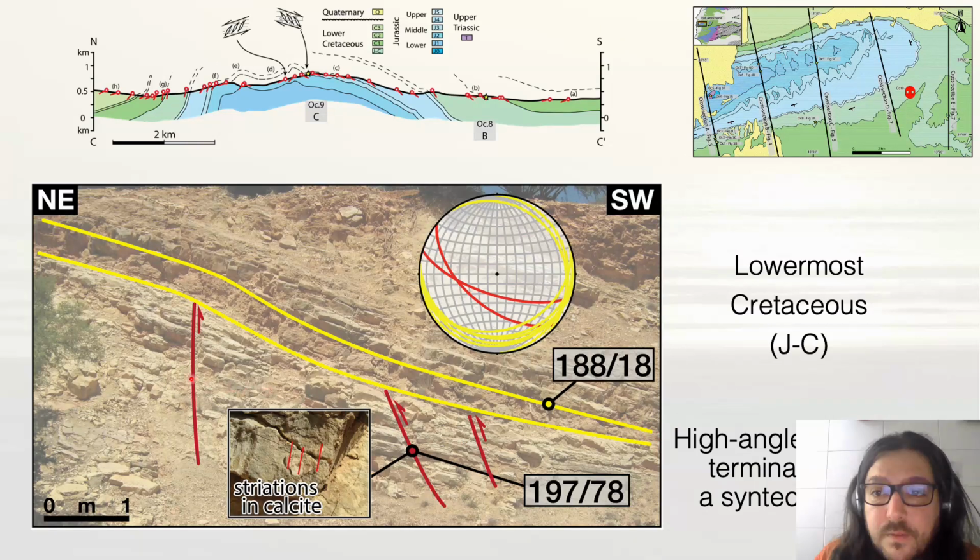These are top-to-the-south faults that show reverse motion of a few tens of centimeters. And the slickensides that we see there indicate that the rocks were shortened in the south-southwest to north-northeast direction. The relevant part is that these faults are terminating in the syntectonic unit, obviously indicating deformation during that period.